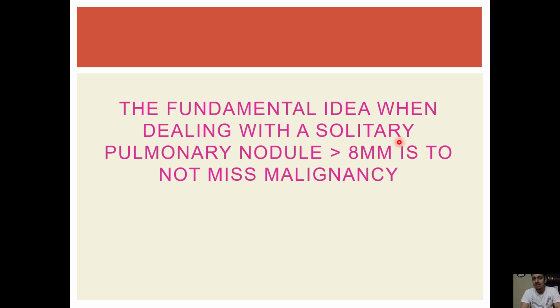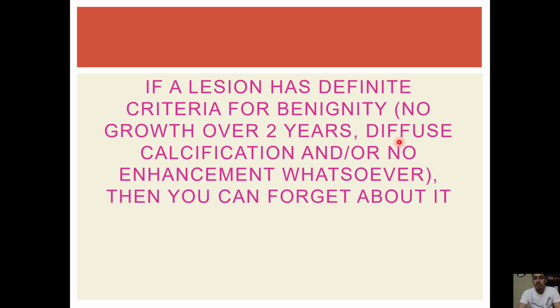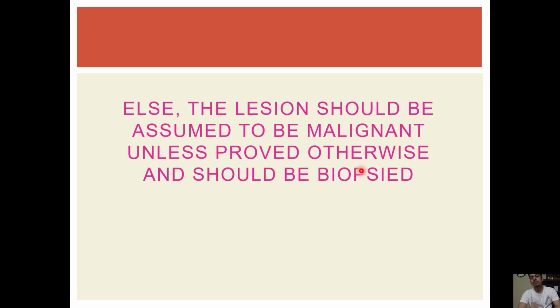And those which are more than 6 mm to 8 mm should always be evaluated aggressively. So this is the basic gist of the Fleischner guidelines. If a lesion has a definite criteria for benignity, like we said, then you can forget about it. Else the lesion should be assumed to be malignant unless proved otherwise and should be biopsied.